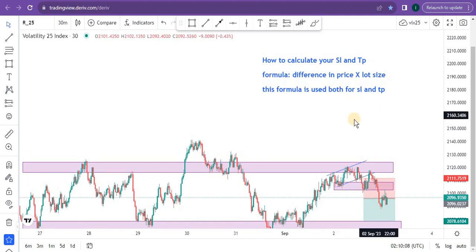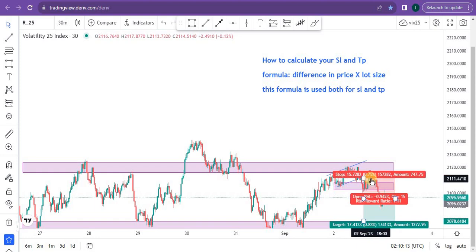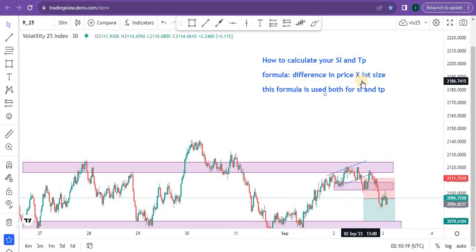You understand? Now, how to do that is that this difference in price, which is the 15.7282, you're going to multiply it by your lot size, which is the formula we have here. So for the 25 index, I think the lot size is 0.50.